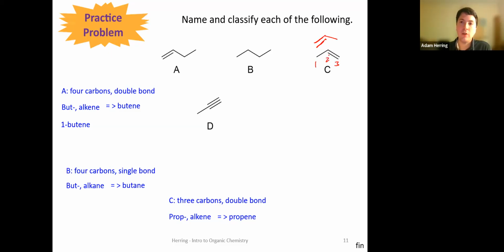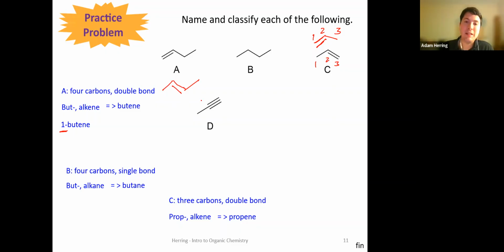If we here had 1, 2, 3, and then this was 1, 2, 3, it's really just the same molecule but flipped around. And so we only use the numbers to name if there would be some confusion, if the location would make a different molecule. So for example, A, if the double bond were in between the second and the third carbon, then that's a completely different molecule.